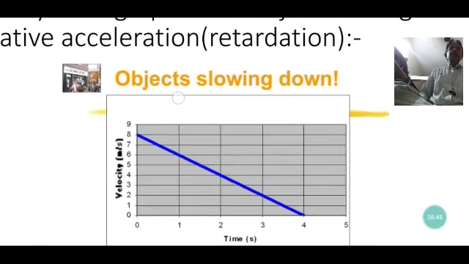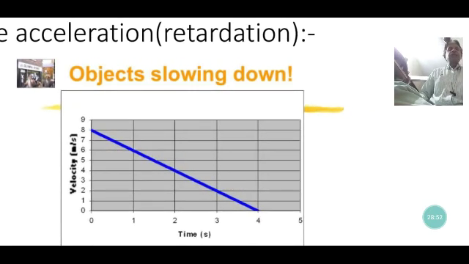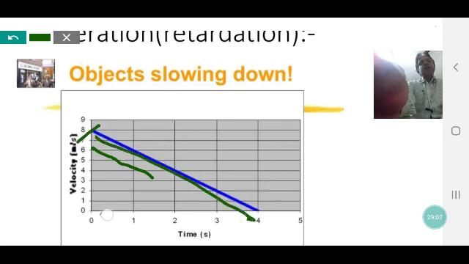Here is an example of retardation. The velocity decreases as the time passes, but the decrease of velocity is uniform, so it is represented by a straight line. The straight line shows the uniform acceleration, but the acceleration is negative here, and the velocity becomes 0 as the time passes. So we can say the object is moving with deceleration, that is, uniform negative acceleration.